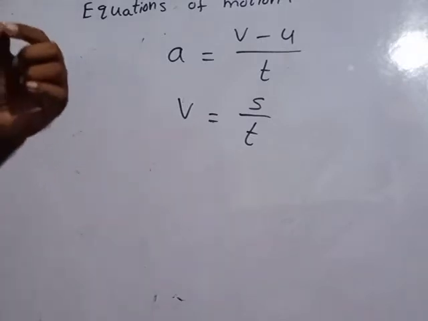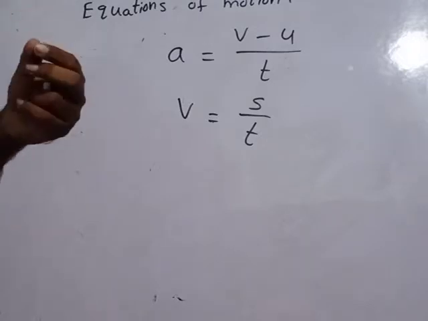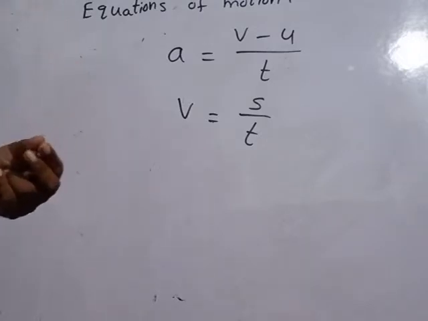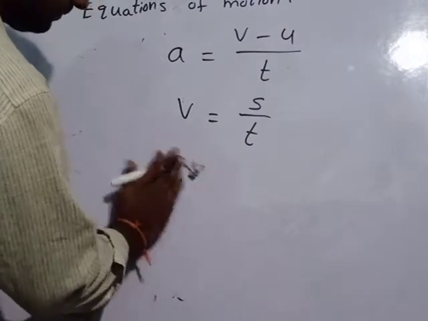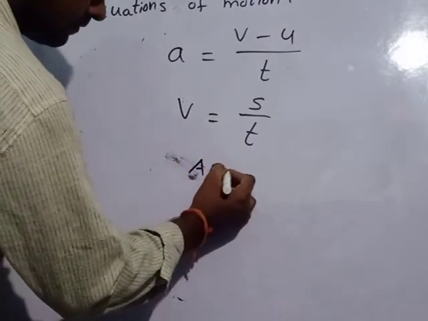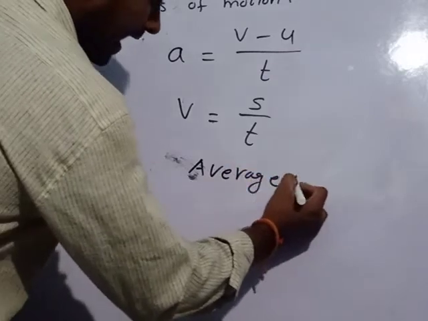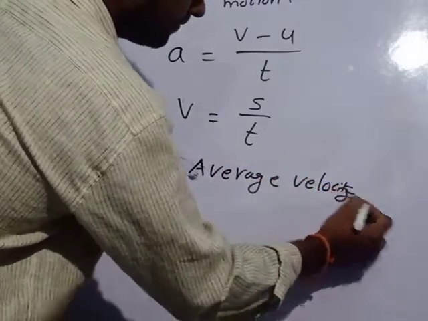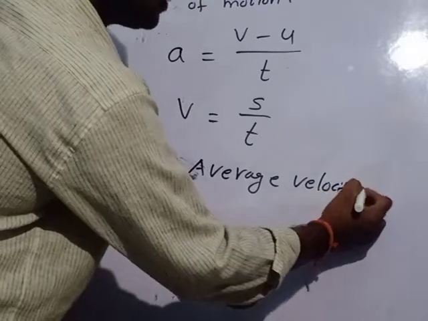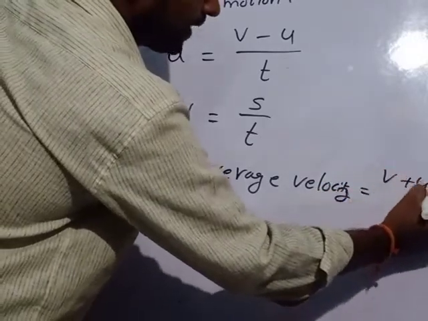But according to the mean, or by using the average formula, average velocity is equal to (V plus U) by 2.